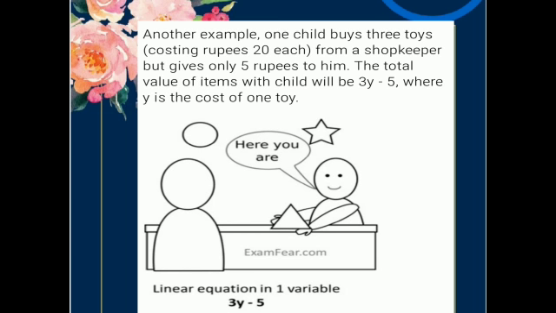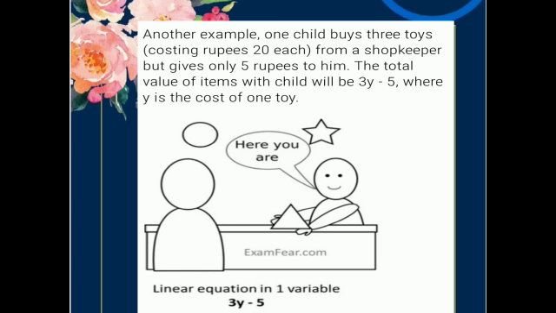The child buys 3 toys from the shopkeeper. The cost of one toy is rupees 20. So they have given 3y, and the child gives only 5 rupees to the shopkeeper, so minus 5.